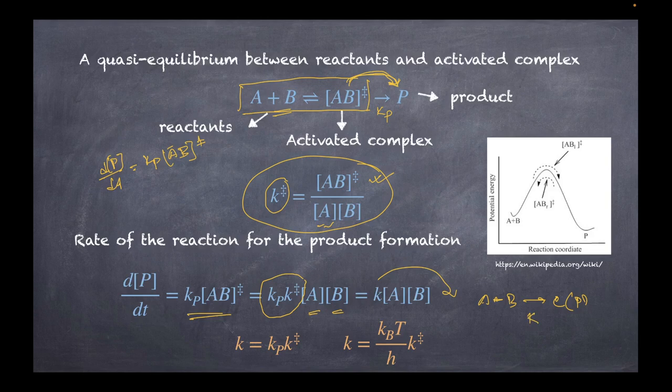Now from statistical mechanics calculation, from the partition function, we can find the expression of Kp. I will not go into detail here. Kp will be equal to kBT divided by h. So K is kBT divided by h times K double dagger.